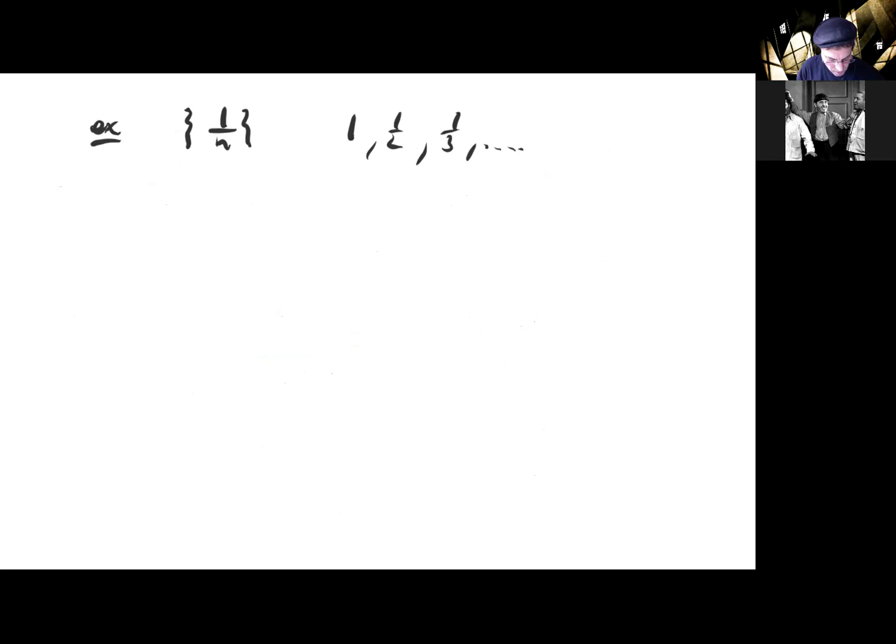So 1 over n is always less than or equal to 1. But every number in the sequence is also not negative, so it's always greater than or equal to 0. This is for all n equal to 1, 2, 3, etc. So this sequence is bounded, both above and below.